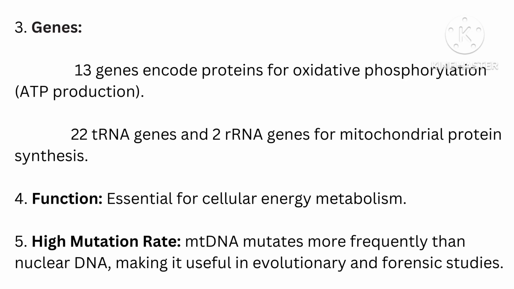Genes: 13 genes encode proteins for oxidative phosphorylation, ATP production; 22 tRNA genes and 2 rRNA genes for mitochondrial protein synthesis. 4. Function: essential for cellular energy metabolism. 5. High mutation rate: mtDNA mutates more frequently than nuclear DNA, making it useful in evolutionary and forensic studies.